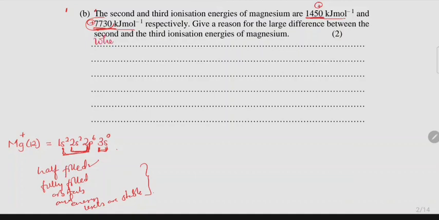So when the second electron is removed, the second electron is removed from a half-filled 3s orbital, right?